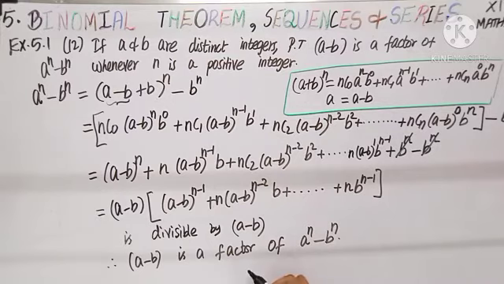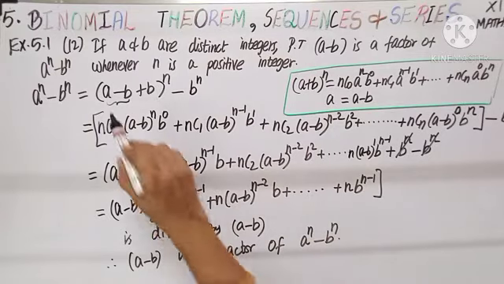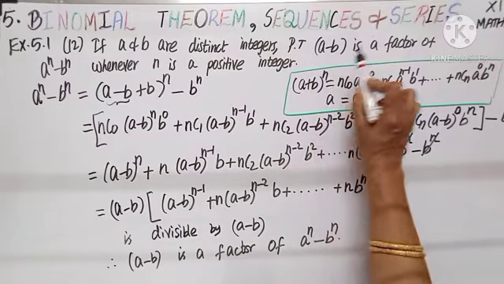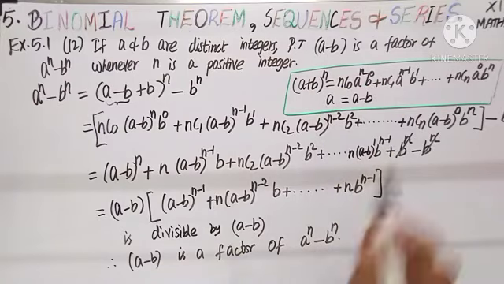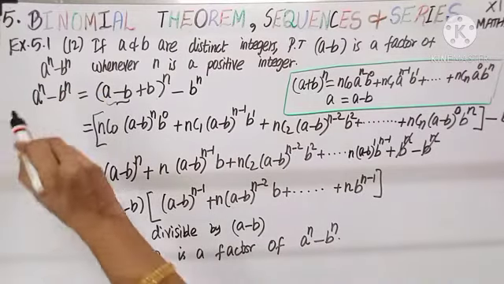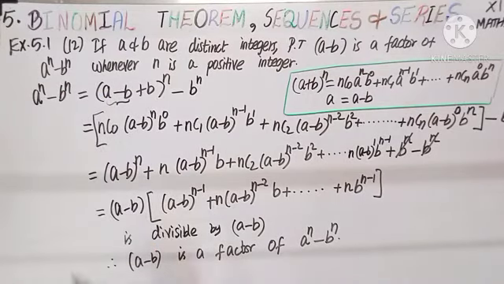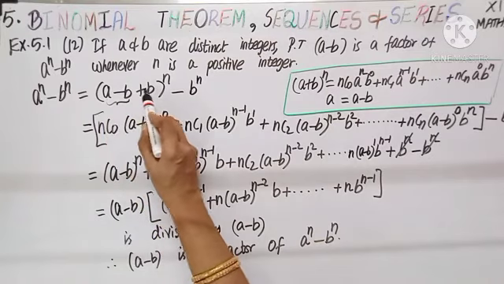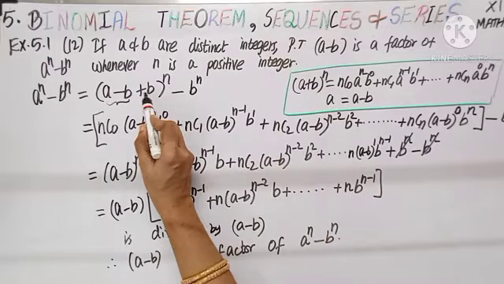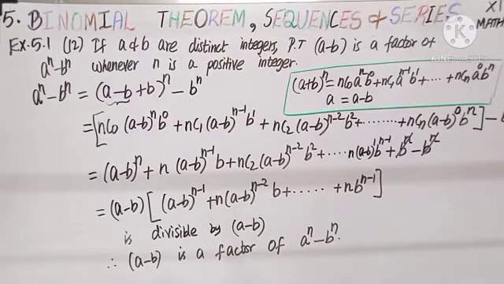So these are skillful problems, just taking 2 lines. What you need to remember is the very first step. My question is: a minus b is a factor of what? a power n minus b power n. Write a power n as (a minus b plus b) because I want a minus b. Whenever I put plus and minus, it is not altered. The whole power n.